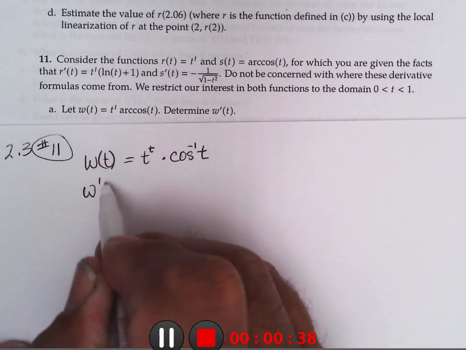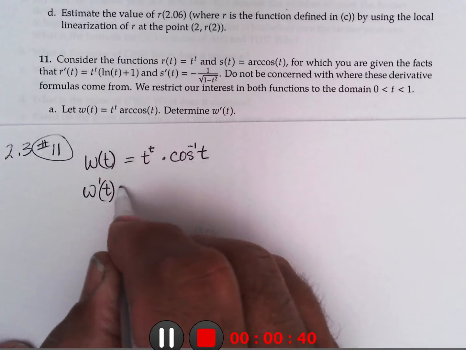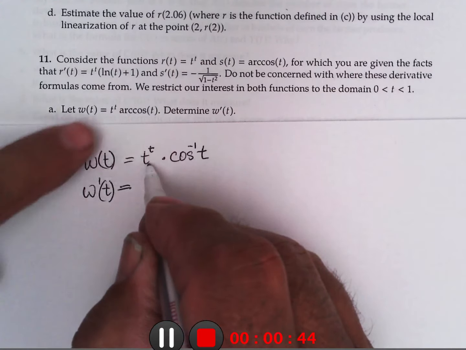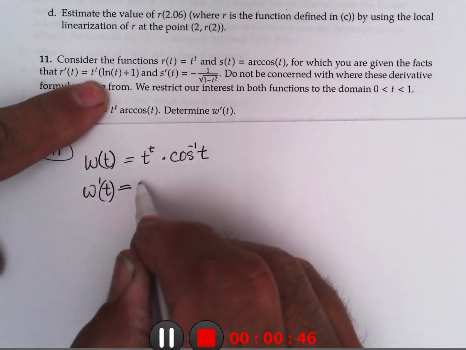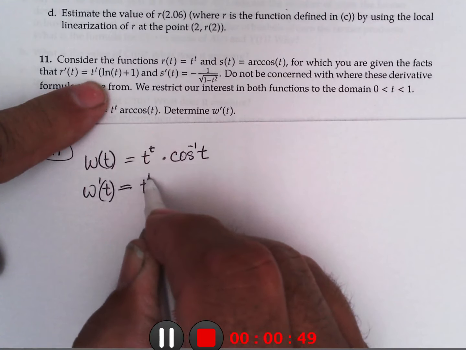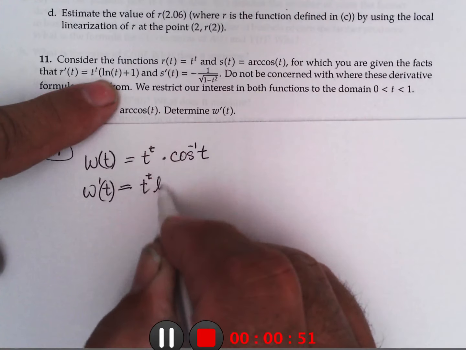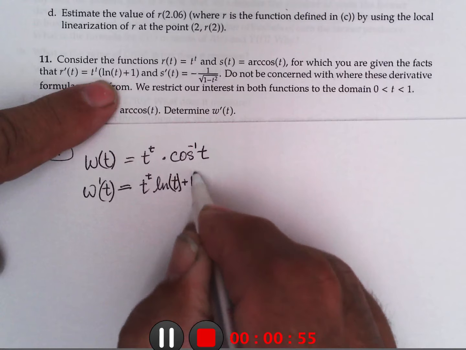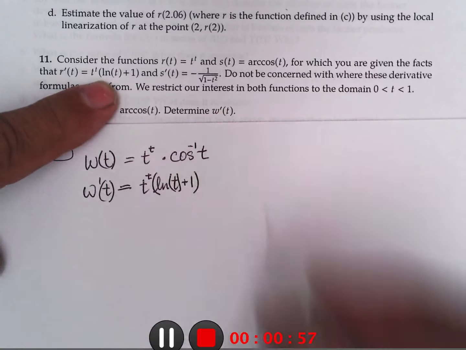So these are a product, and so I have to use the product rule. Derivative of the first, so I have to look up here and see what the derivative is, and that's t to the t (ln t plus 1), with ln t plus 1 in parentheses.